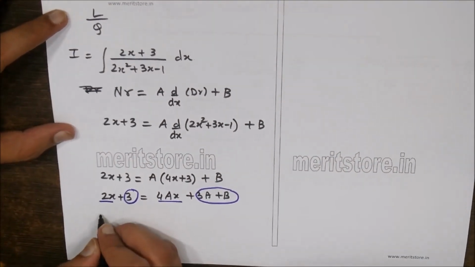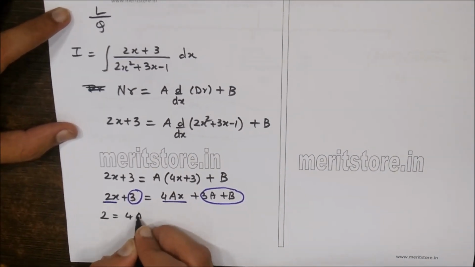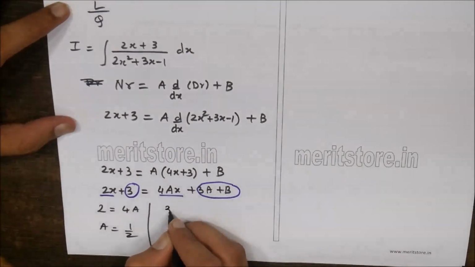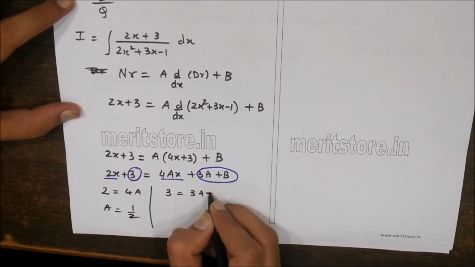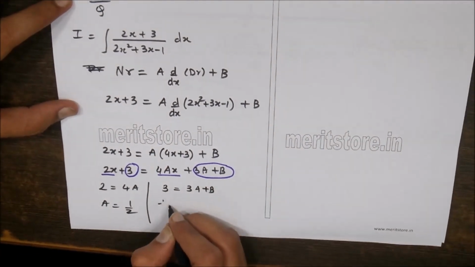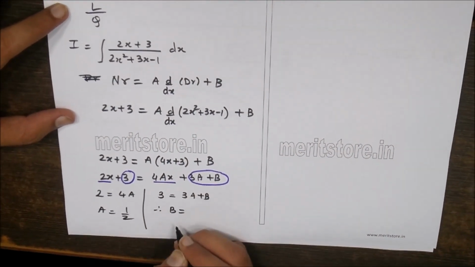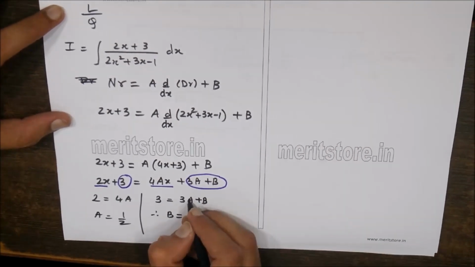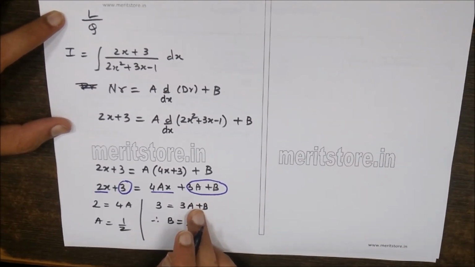On simplifying, we'll say that 2 is equal to 4a and a is equal to half. 3 equals 3a plus b, and therefore simplifying, we'll get the value of b as 3 upon 2 by substituting the value of a as 1 by 2.